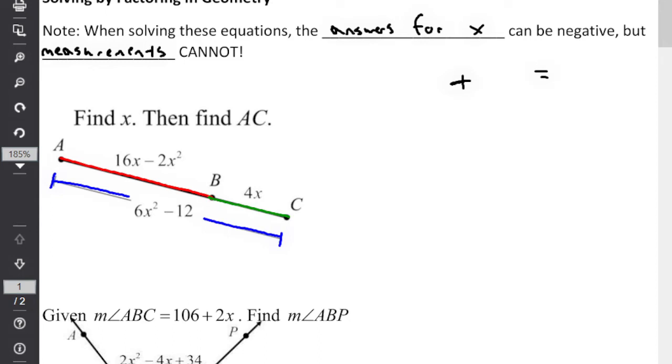The way that I usually like to organize these equations is to start with the total. Start with the entire distance, which is the 6x squared minus 12. I know that that's the total, what it's going to add to, so I'm going to put that on the right side. And then my other two pieces are going to go on the left side.